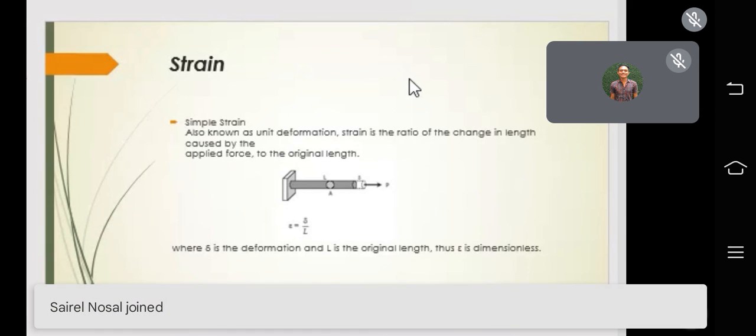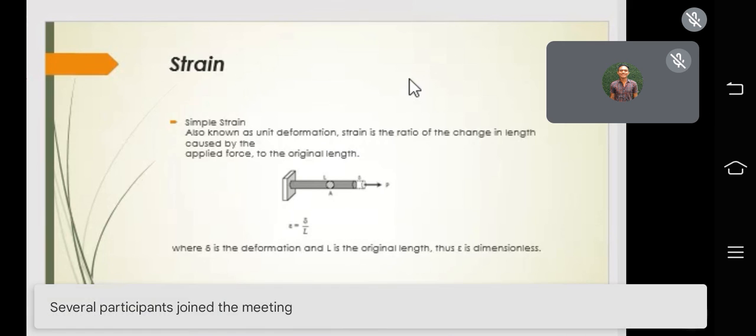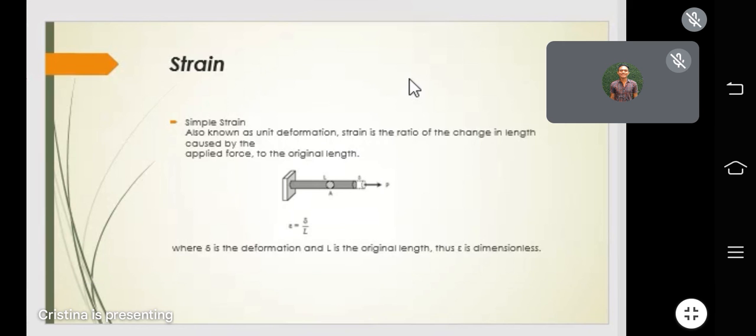Meaning, depending on the force applied, the material is either pulled or pushed, stretched or compressed. For example, if a rubber band is stretched to the extent that it deforms, that is what we call strain, unit deformation.